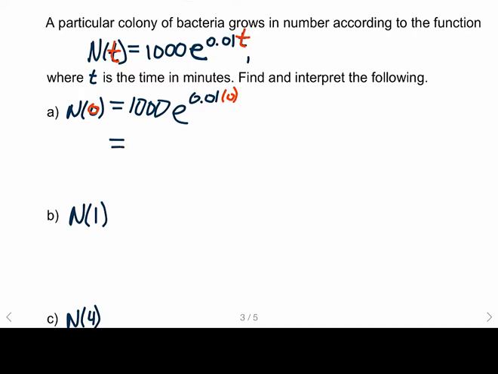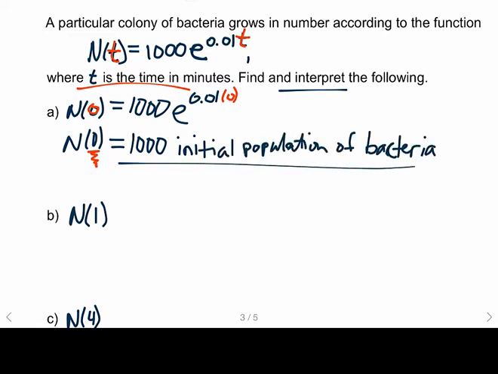This gives me an answer for N(0) of 1000. Now, interpret. Okay, t is the time in minutes. If t is 0, then no minutes have passed. This is going to be the starting number of the colony. In other words, the 1000 is the initial population of the bacteria, or the original number in the colony.